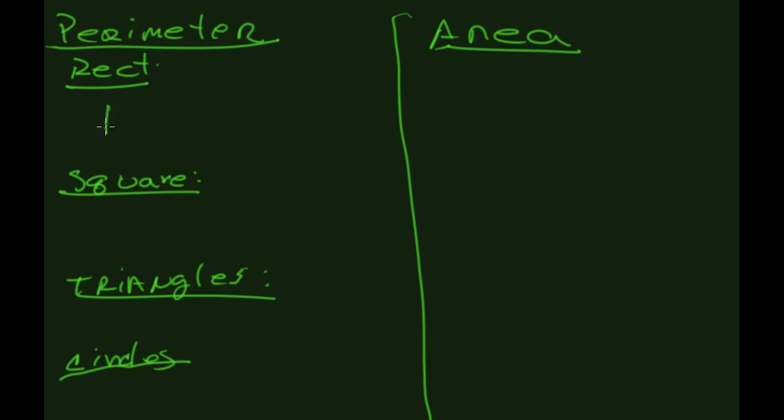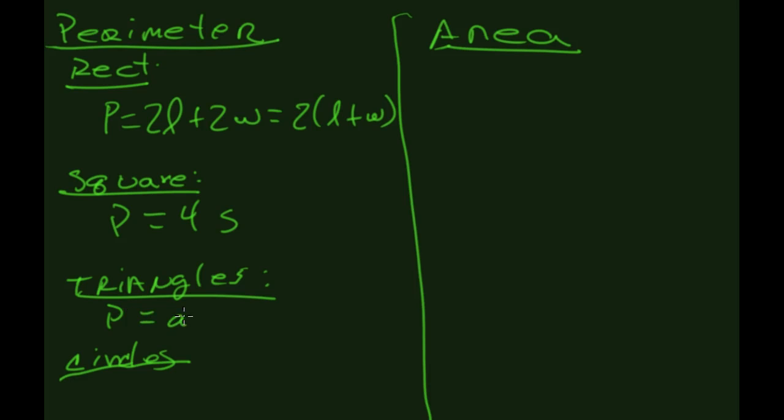The rectangle perimeter formula was 2L plus 2W, or 2 times L plus W. The perimeter of the square is 4 times its side. The perimeter of the triangle, you just add up the sides. And the perimeter of the circle is either 2 pi r or pi d.